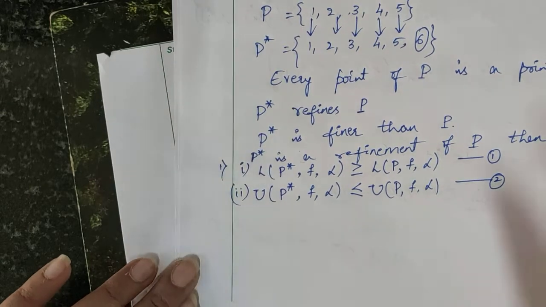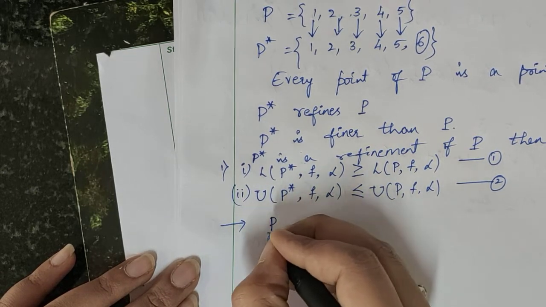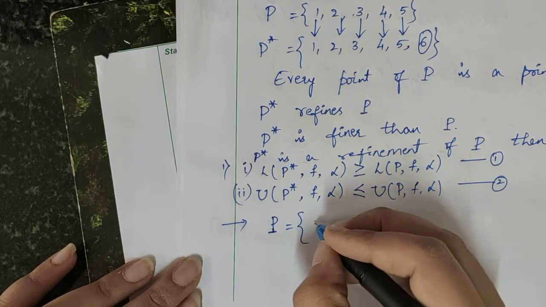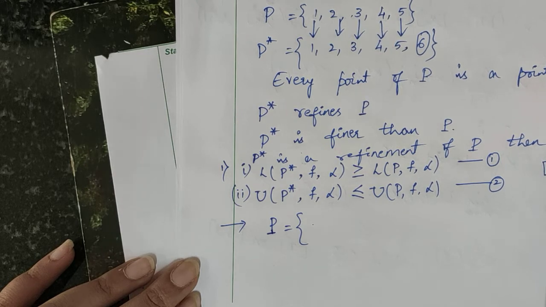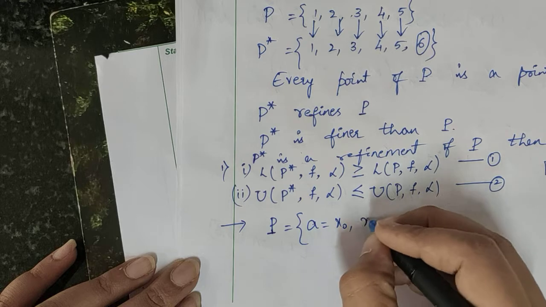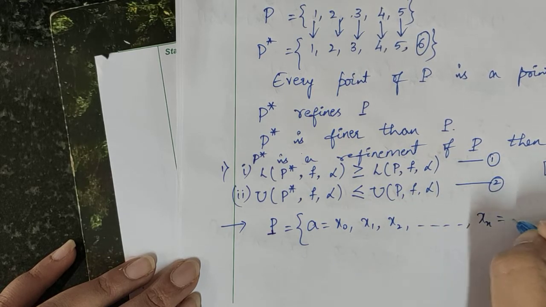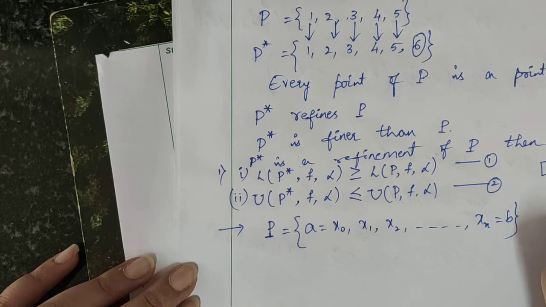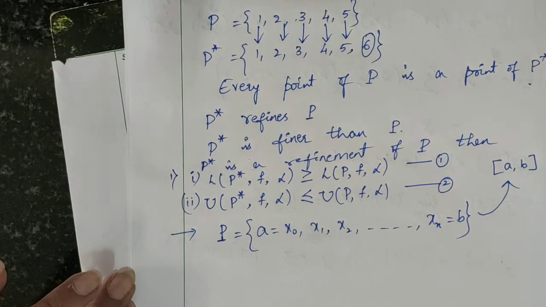In order to prove this inequality, first I will consider a partition P. If I have a closed interval a comma b, then I can define my partition as a is equal to x0, x1, x2, and so on up to xn, which is nothing but my point b. This is a partition of the closed interval a comma b.